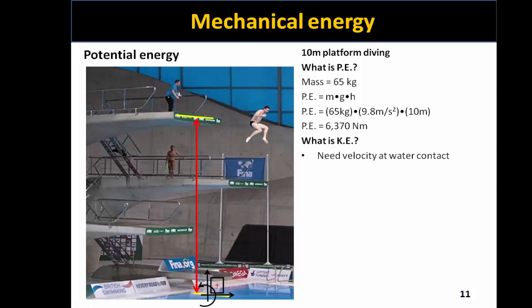To calculate kinetic energy, we need to know the velocity at the point the jumper makes contact with the water, because once water contact is made, there is an external force that is reactionary to the movement of the person in a vertical downward direction, and that external reactionary force coming from water molecules will have an effect on that velocity.